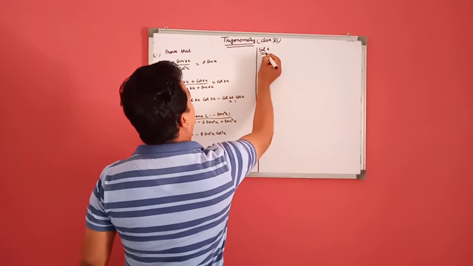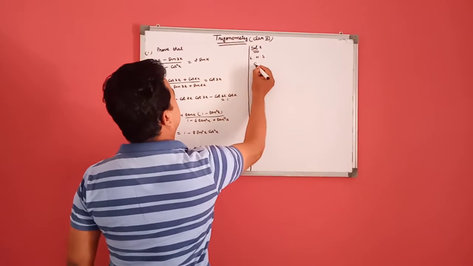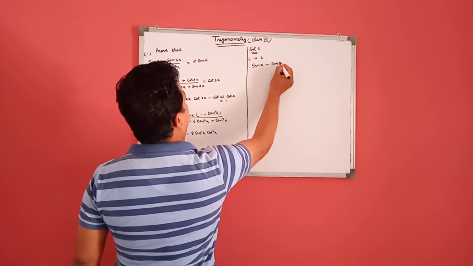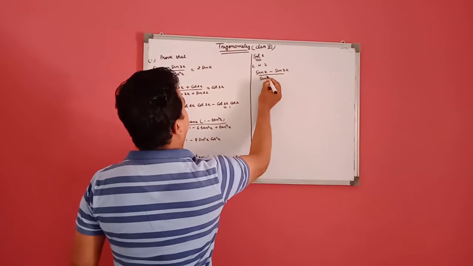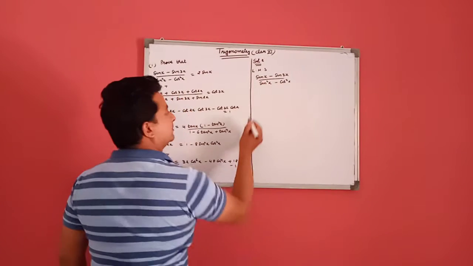In question number 1, the left hand side is sin 3x minus sin x divided by cos square x minus sin square x.